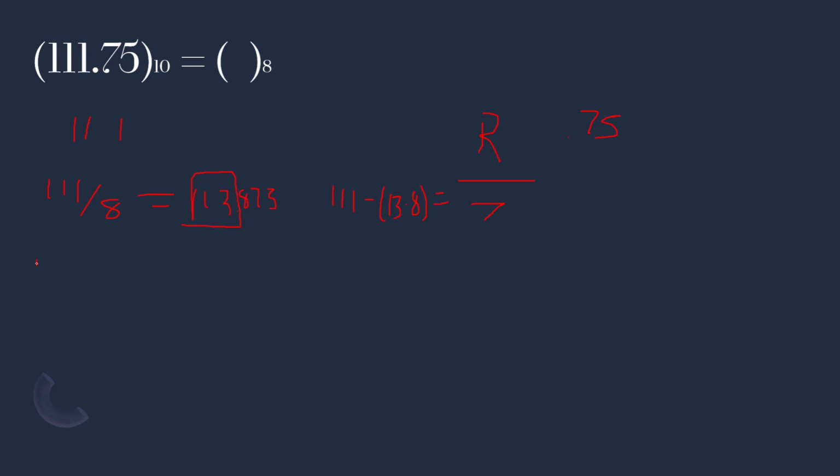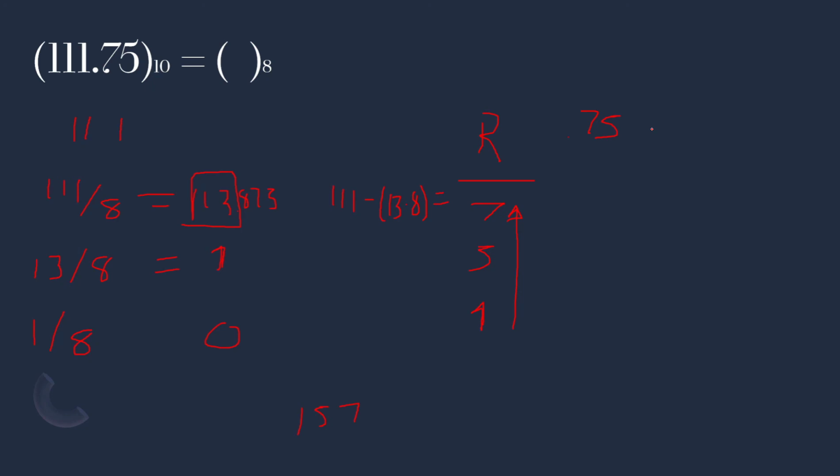So we take this 13 divided by 8, only goes into it 1 time. We are left with the remainder of 5. 1 divided by 8 doesn't go into it at all. Quotient is 0. We are left with a remainder of 1. We read it up. So that's 157.